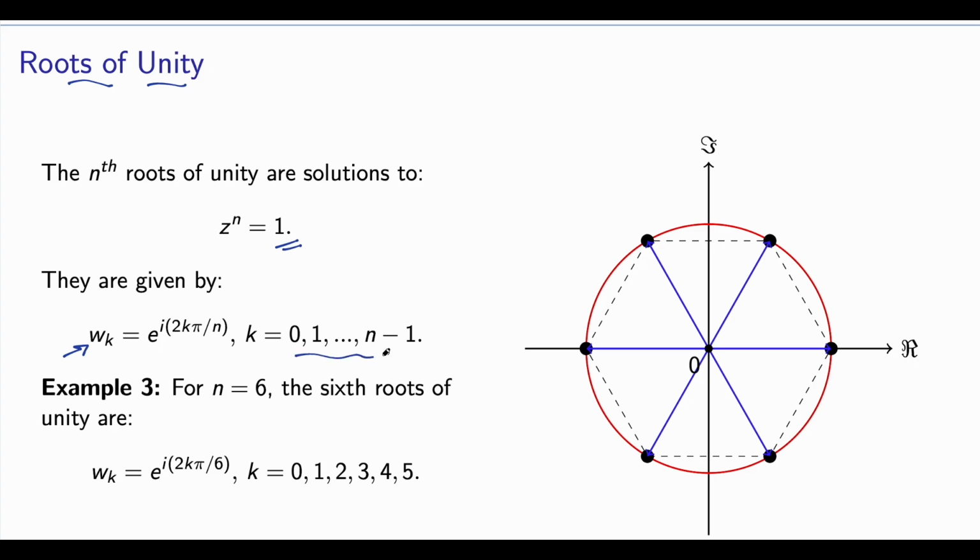There are a total of n roots. For instance, if n equals 6, then the sixth roots of unity are w_k equals e power 2k pi divided by 6, where k runs from 0, 1, 2, 3, 4, 5. You can see that all the roots lie on the circumference of the circle, right?